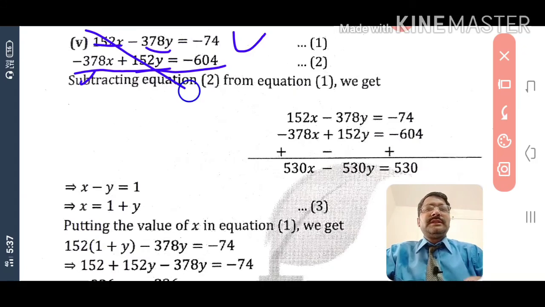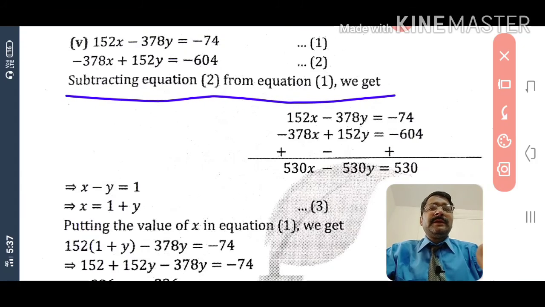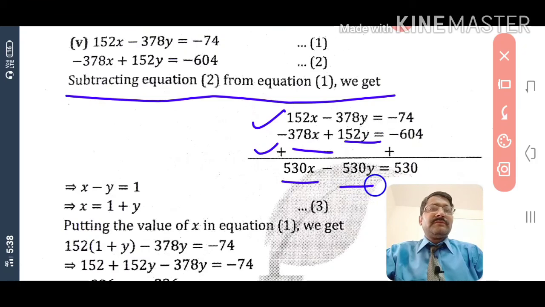If diagonally these numbers are the same, you have one method here. First, subtract equation 2 from equation 1. Subtracting means you have to change the sign. When you change the sign, you add these numbers and get 530x, and subtract these, you get minus 530y equal to 530.